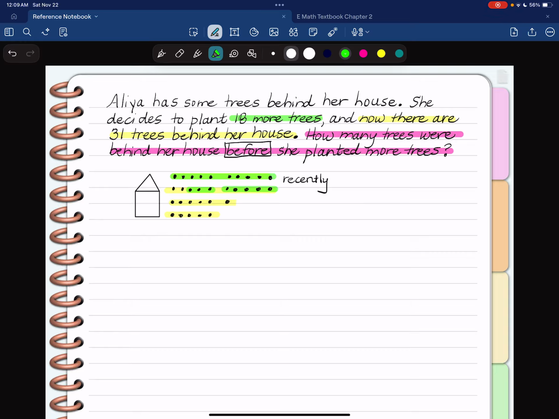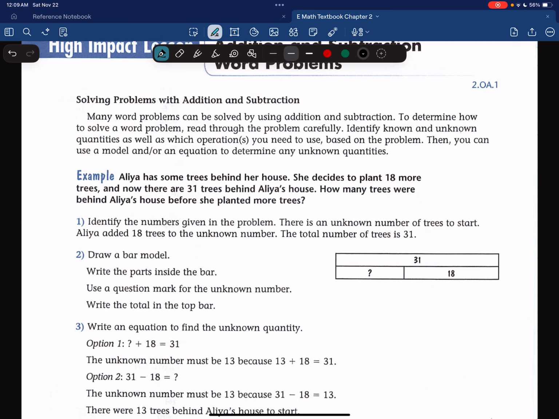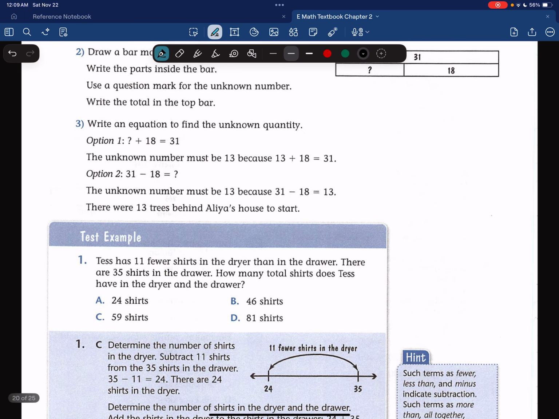All you have to do is count them. You've got 2, and then these. So you have 1, 2, 3, 4, 5, 6, 7, 8, 9, 10, 11, 12, 13. There were 13 trees already there before she planted. And that's the correct answer.